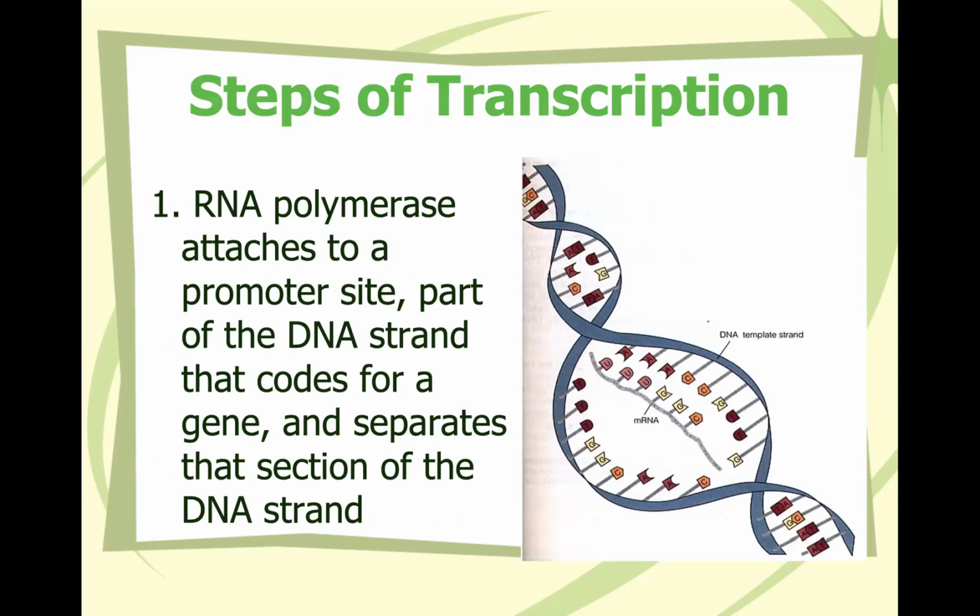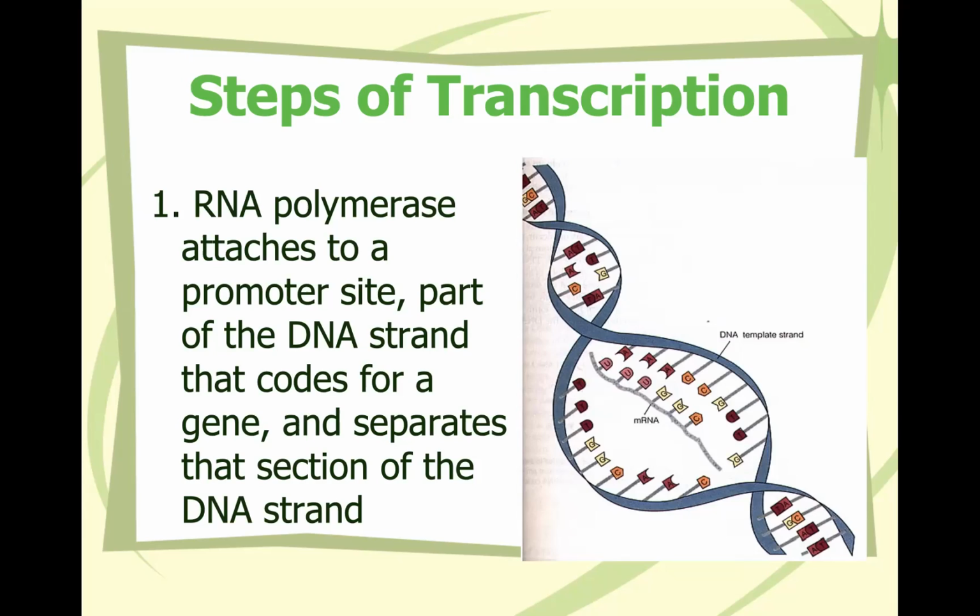Now, here's the point that we left off on Tuesday. How does this happen? This RNA polymerase, write this down. RNA polymerase is the enzyme that's responsible for this process of transcription. The RNA polymerase is going to attach to a very specific site in our DNA sequence that we'll call the promoter region.